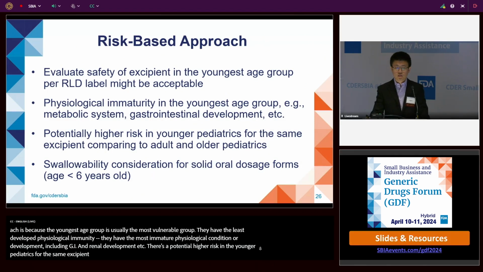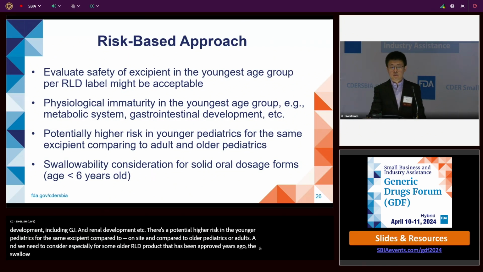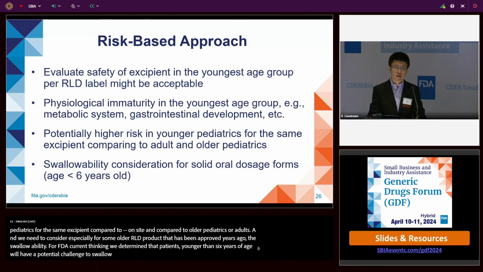We also need to consider, especially for some older RLD products that were approved years ago, the swallowability. Per FDA's current thinking, we determined that patients younger than 6 years of age will have a potential challenge swallowing a solid dosage form, such as a tablet or a capsule, intact.